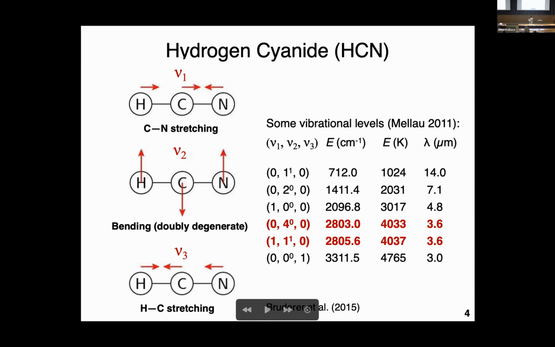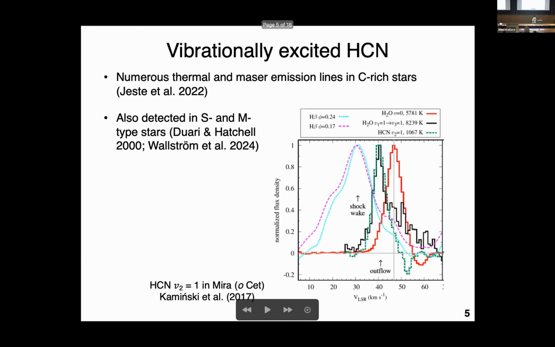These are very accessible energies in the context of the AGB winds, and so that leads to many thermally excited transitions in these two energy states. Later I will talk about a specific system that concerns high-lying energy states, that is 4000 Kelvin above the ground level.